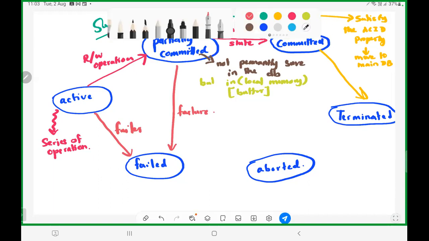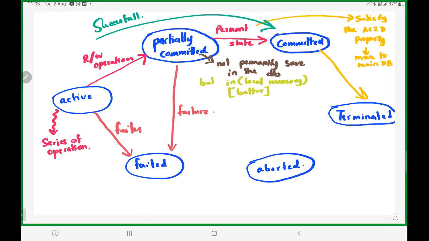Failures mean things like system crashes and power failures. These kinds of things happen in a failure.